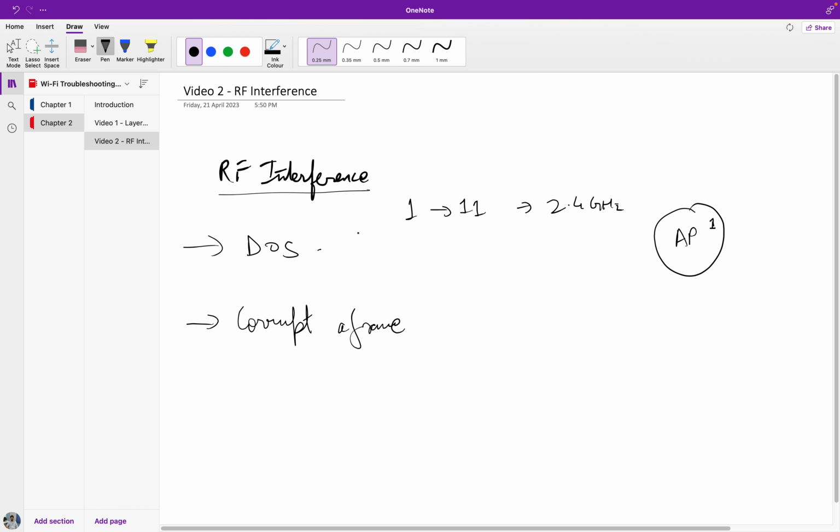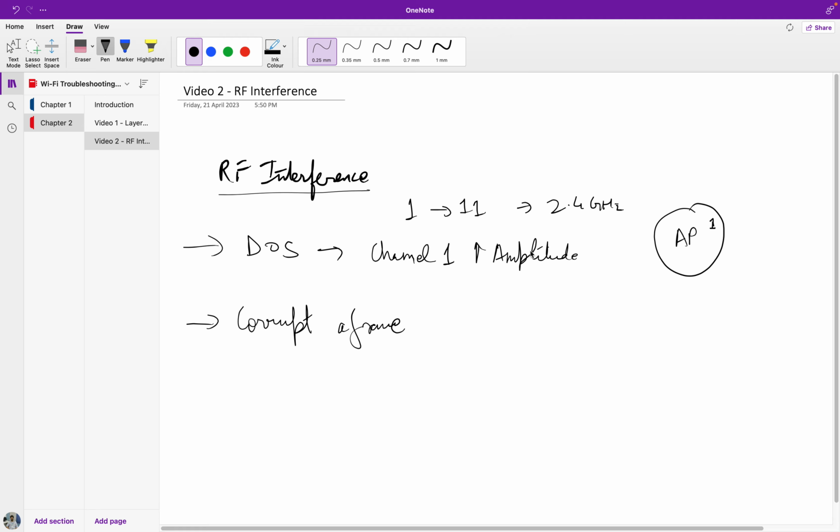Now, if there is some sort of interference happening on channel number 1, basically it has to be of high amplitude. So the channel number 1 transmission is happening at high amplitude.